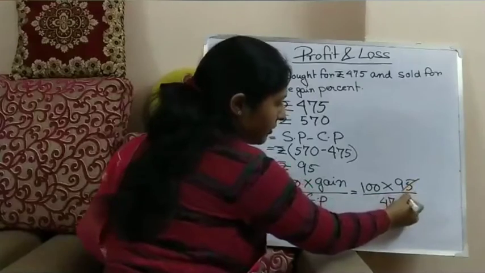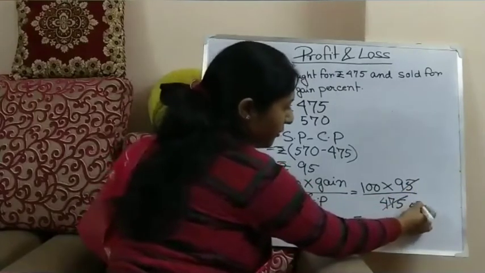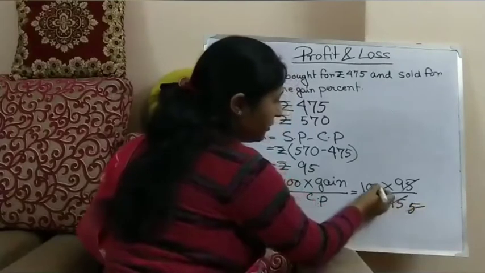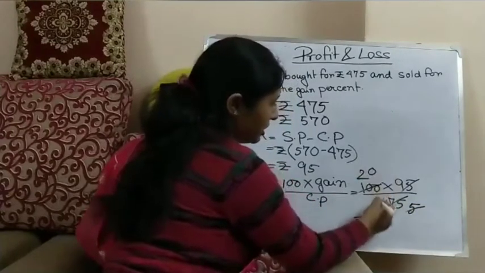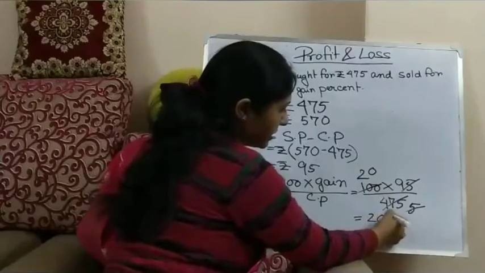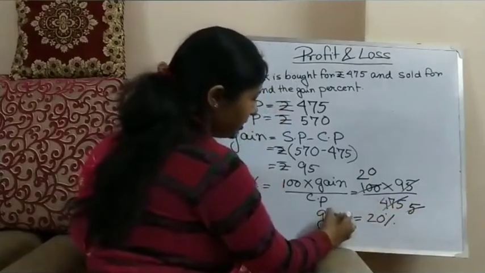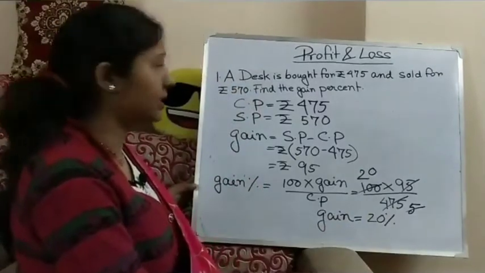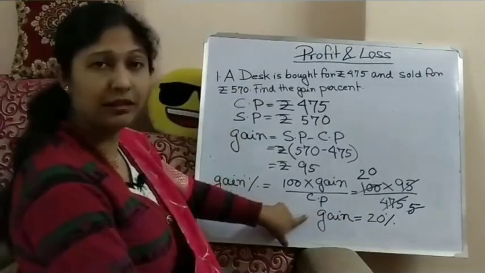So 95 into 100 is 9500 divided by 475, and we got our percentage. Gain percentage is 20%, that is our result. Okay.